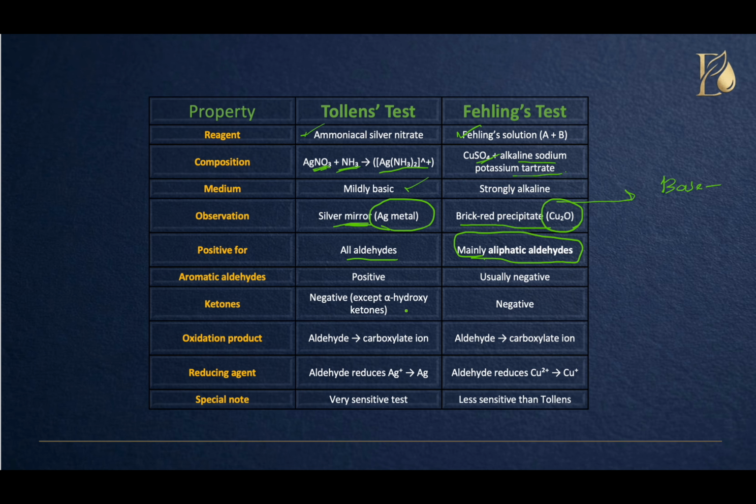Ketones are negative for both reactions, but alpha hydroxy ketones can give this test. In both tests, aldehydes are oxidized into carboxylate ion, while at the same time in Tollens test, aldehyde reduces silver ion into silver metal, and in Fehling's test, aldehyde reduces Cu2+ into Cu+. So these are the differences and similarities between Tollens test and Fehling's test.